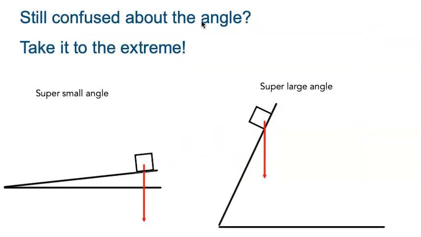If this is still confusing to you, you can take it to the extreme. We have a tendency to draw angles roughly at 45 degrees, but you can draw a super small or super large angle to help you out. So if we have the super small angle in here, then when you draw your y-axis it will look something like this, right?